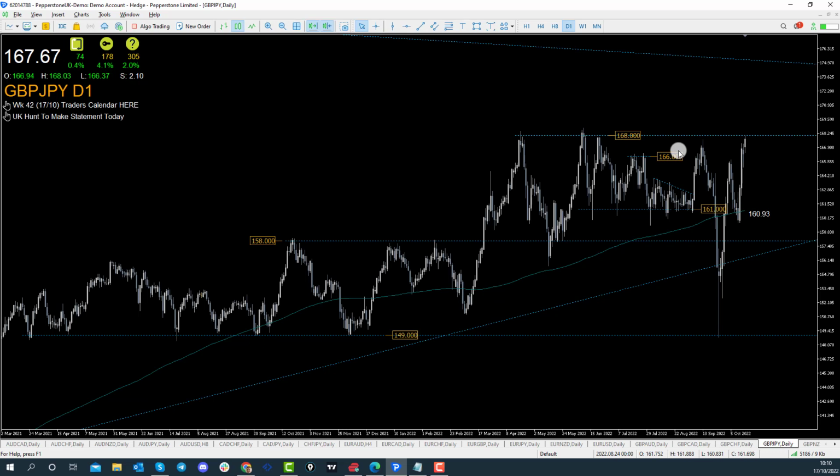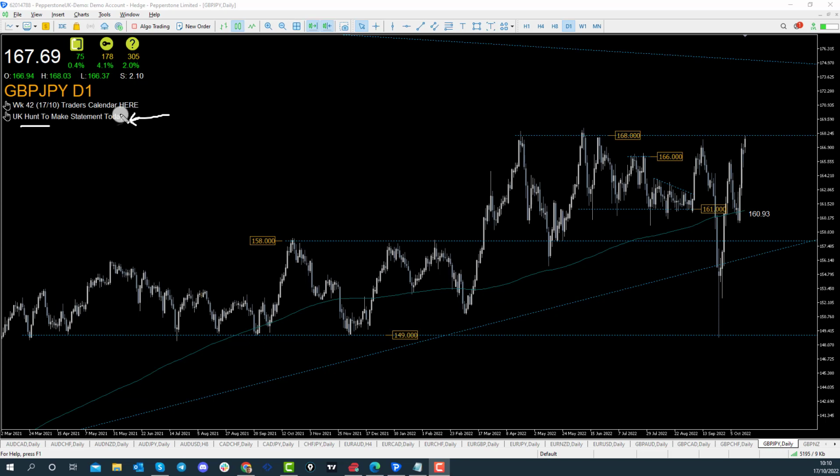Pound yen would be a high volatility pair at the moment, not just because of what's happening with the yen, but what's also happening in the UK. You can see here UK Hunt to make a statement today. Now, Hunt is the new finance minister after the recent one was sacked. Mr. Kwarteng was sacked.